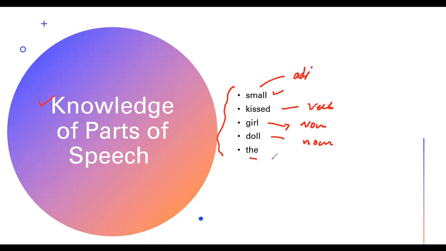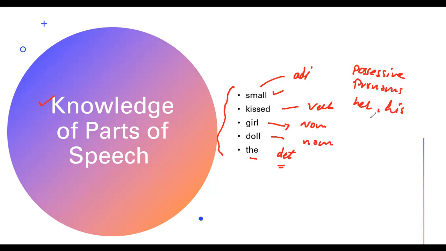Whereas the is an article, but its broad category is determiner. This is the term we widely use in syntax, especially when we are analyzing sentences. So determiners usually include words like possessive pronouns, for example, her, his.